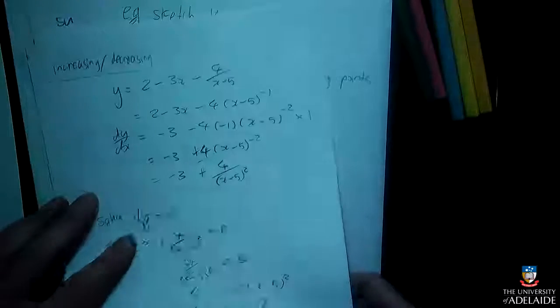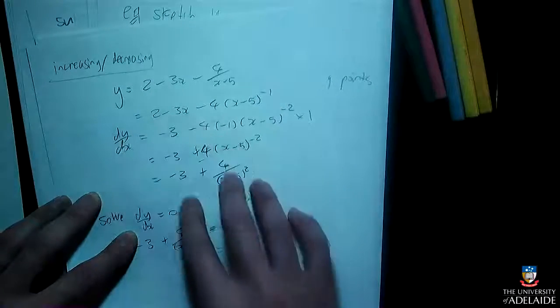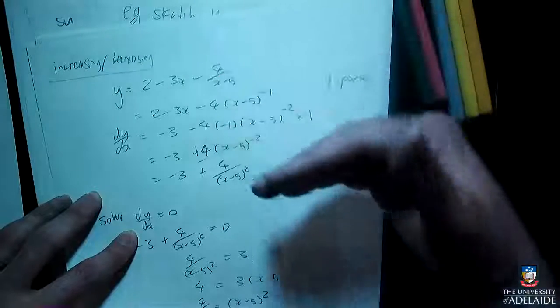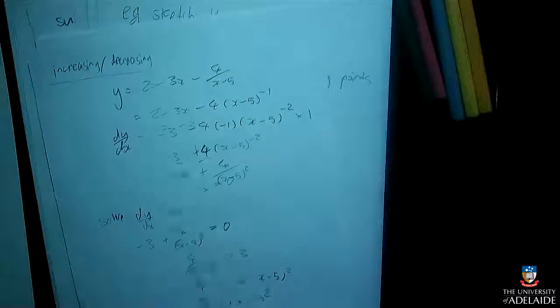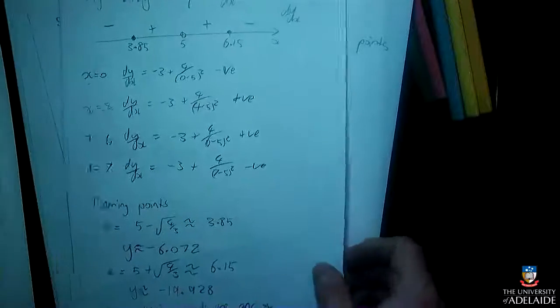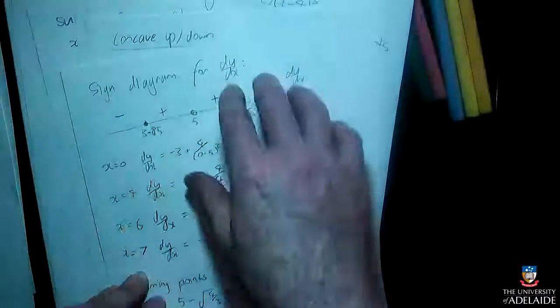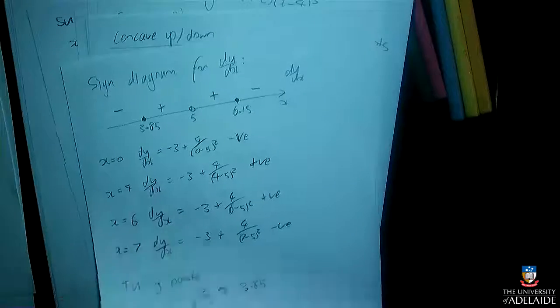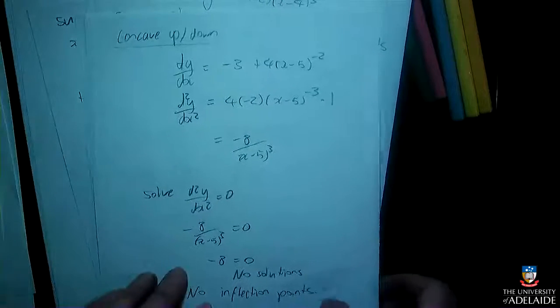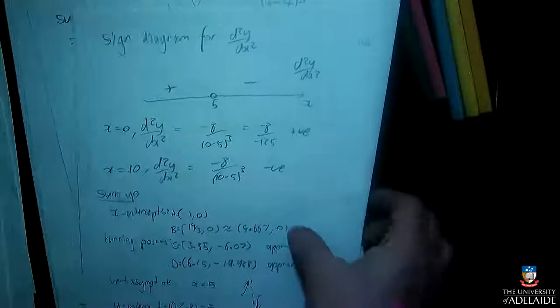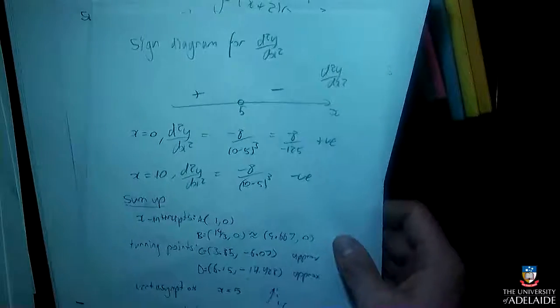And look at this. When I did the derivative, I did y equals, did some stuff, and then I did dy/dx. And every time I calculated a derivative, I wrote the thing before it so that the person reading it would know what's happening. And every time I did a sign diagram, I told the reader what it was a sign diagram for. And that's all important stuff for actually showing your working for these kinds of problems.